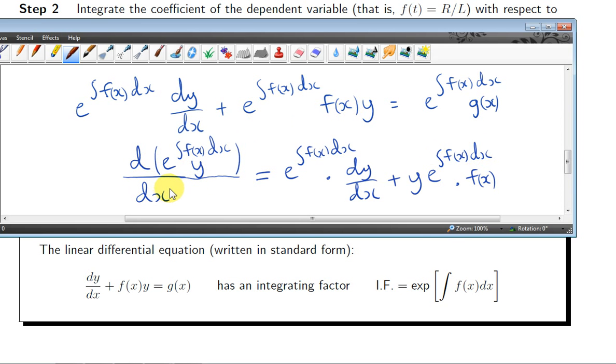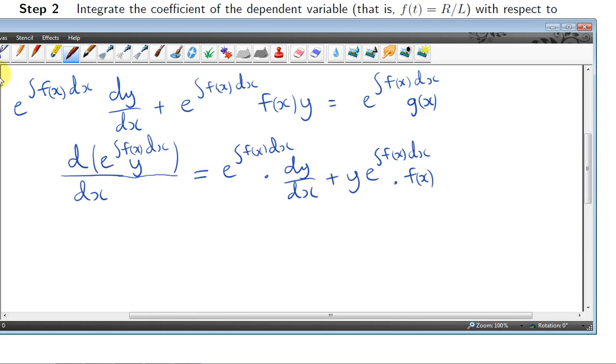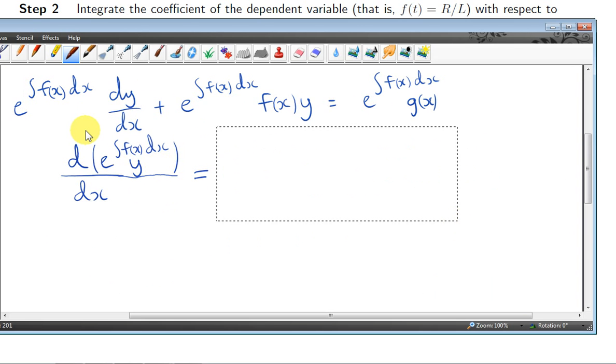Now let's go on and get a formula. So now we can write our differential equation as the following. Here's the left hand side. The right hand side is just this here.